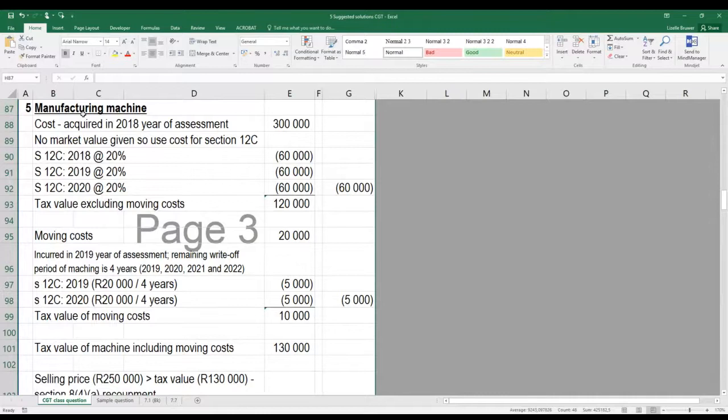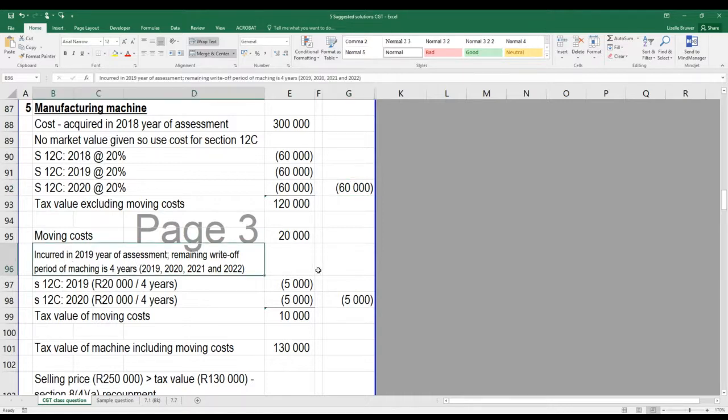So we have this machine that was acquired in the 2018 year of assessment, and it's a manufacturing machine, so we claim section 12C, it's second-hand, so it's 20% per year. So for the 2020 year of assessment, up until the date of disposal, we would have claimed a capital allowance of 60,000 Rand. Then in the 2019 year of assessment, this asset is moved, right?